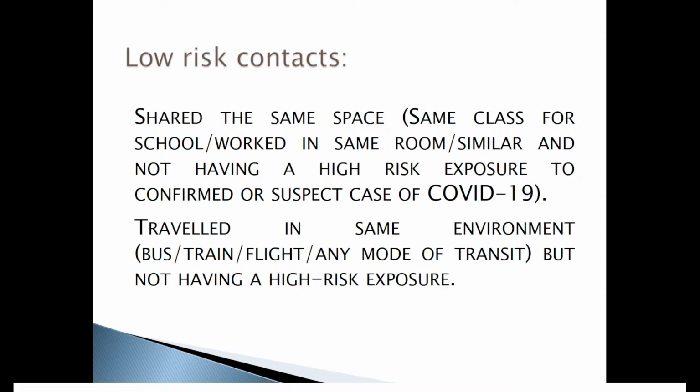It is written in our guidelines. So if some person in the group has COVID, for example asymptomatic, doesn't know, and comes to the classes, other students have low risk of development of infection, of course, if the room is big enough and you are not sitting very closely to each other. So low risk contacts shared the same space, same class at school, worked in the same room, and did not have a high risk exposure to a confirmed or suspected case of COVID-19.